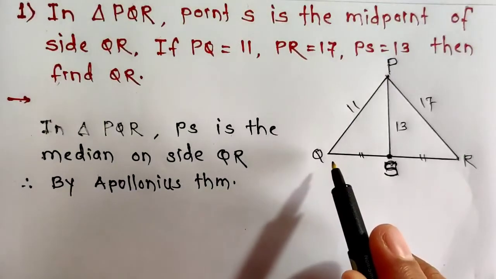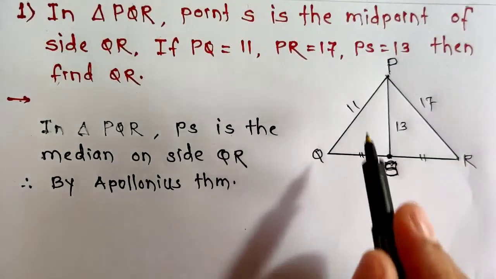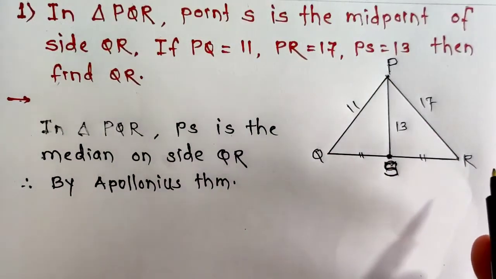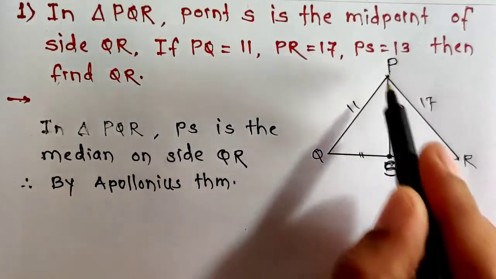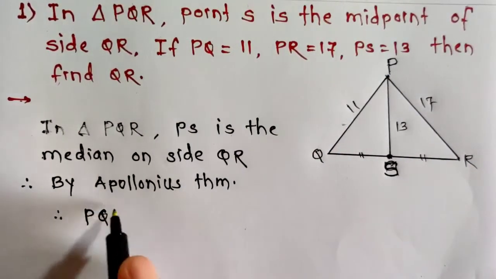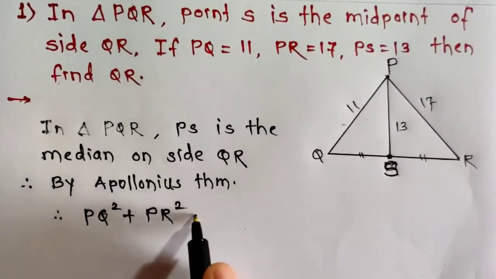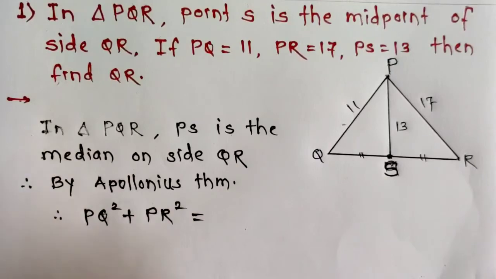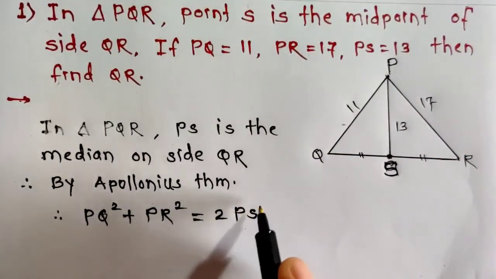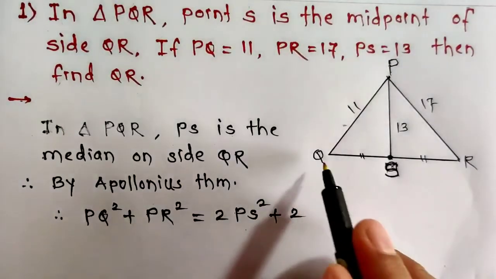This median is given on side QR. So sum of the squares of remaining two sides. Which are the remaining two sides? PQ and PR. Therefore left hand side is PQ square plus PR square is equal to right hand side 2 into median square plus 2 into half QR square.